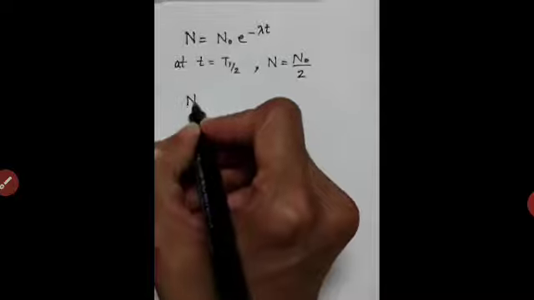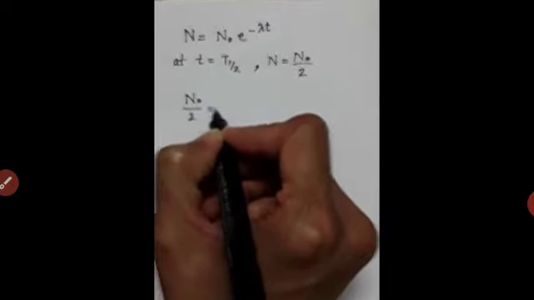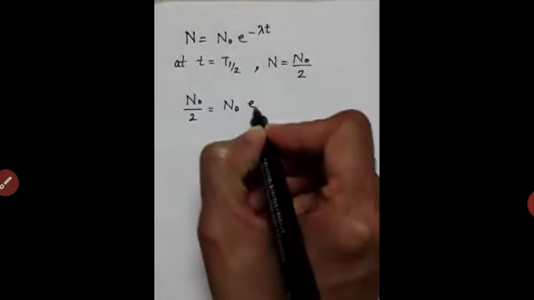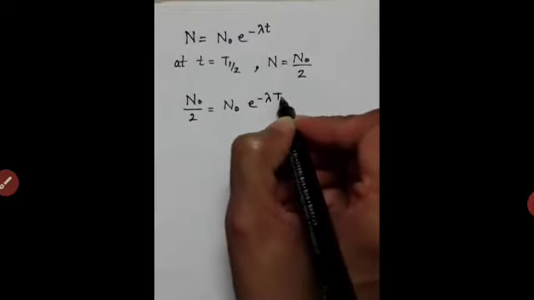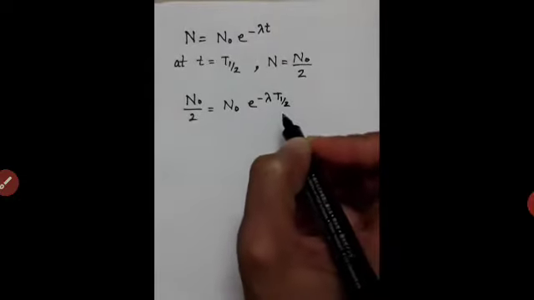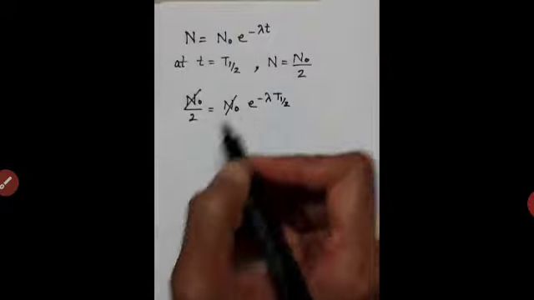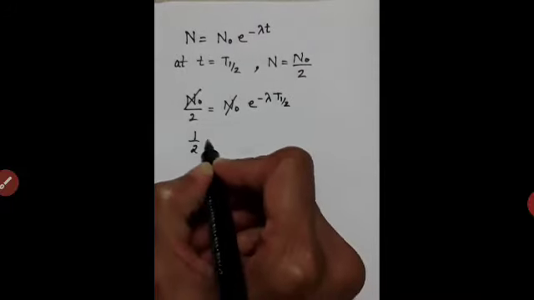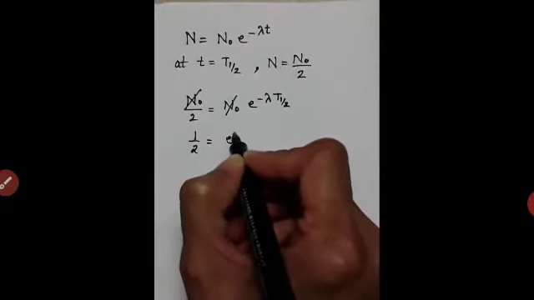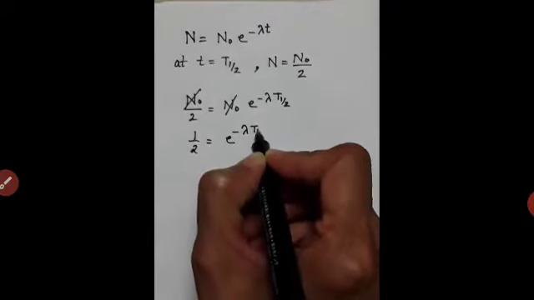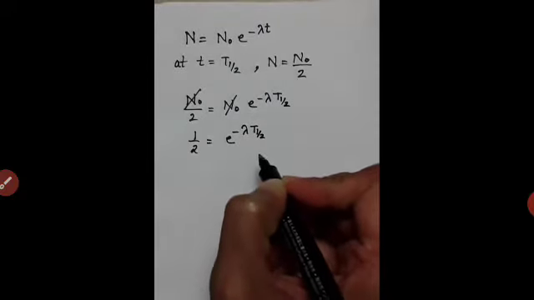So we have N naught by 2 equals N naught e raised to the power minus lambda T half. Here we see that N naught gets cancelled and we are left with half equals e raised to the power minus lambda T half.